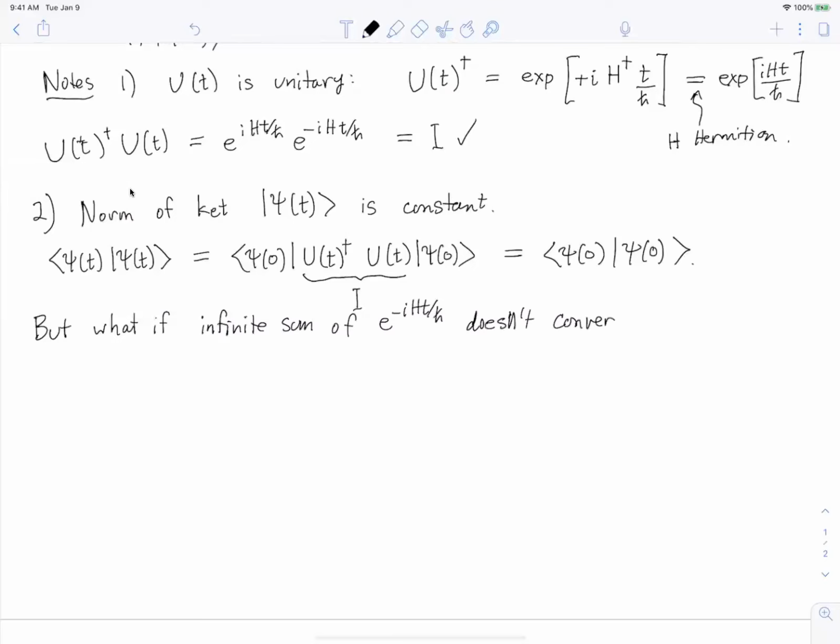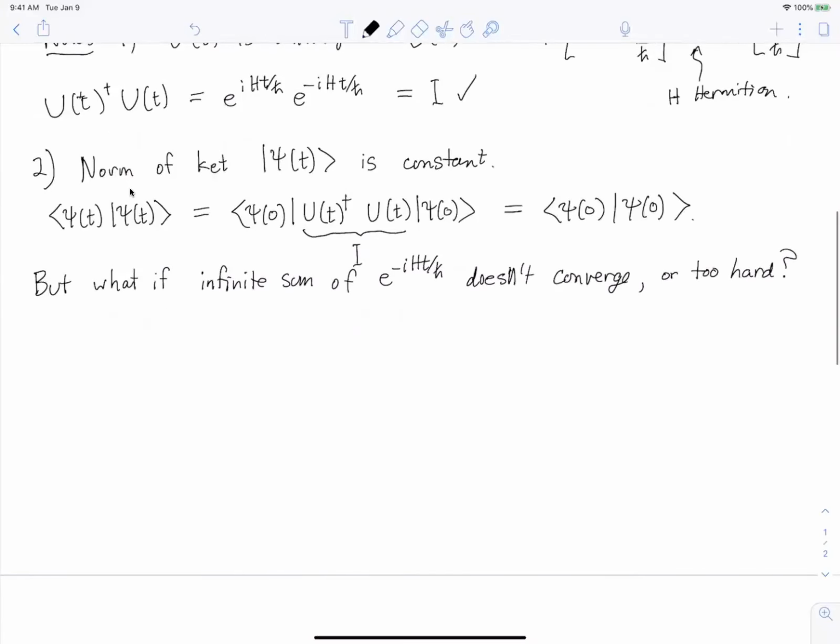Or maybe in some situations it does, but it's just too hard to actually do the sum, which definitely can happen. So that means we have method 2, which is going to work better in that situation.